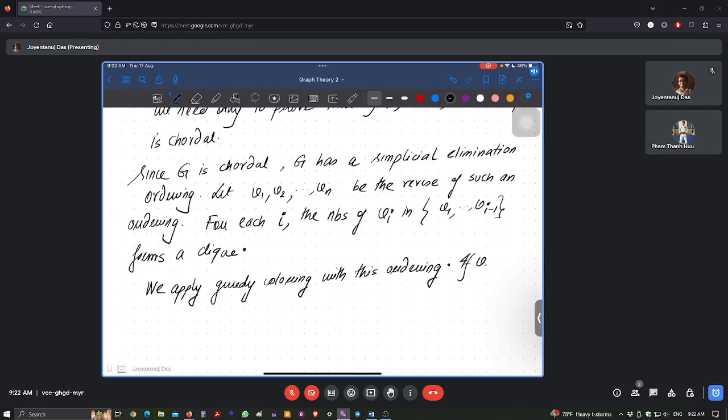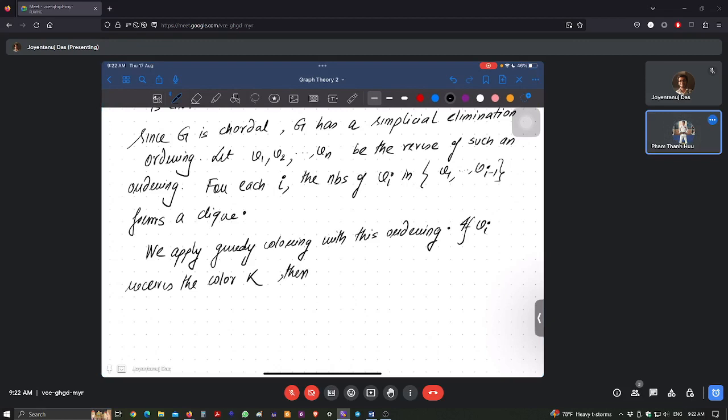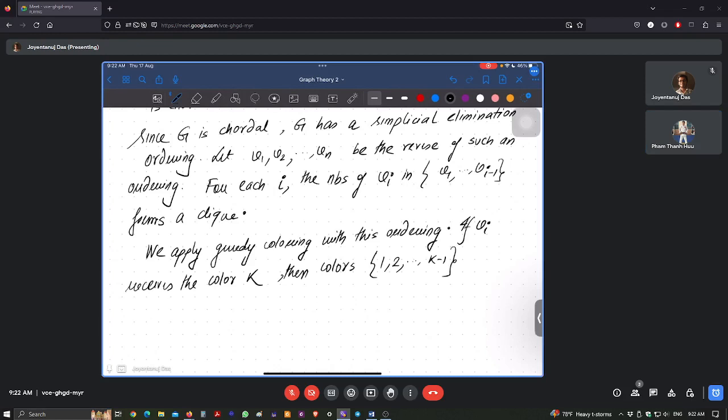If vi receives the color k, then the colors 1 up to k minus 1 have already been used, and they appear on the earlier neighbors of vi.